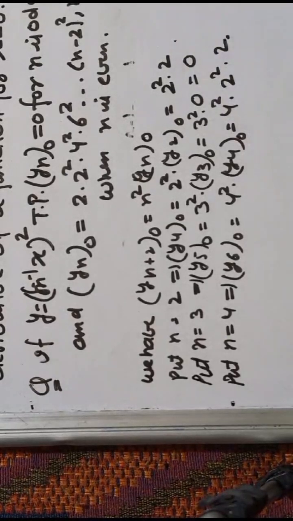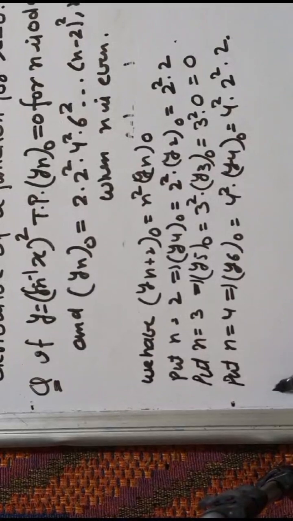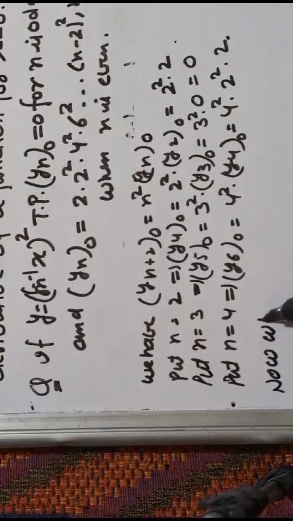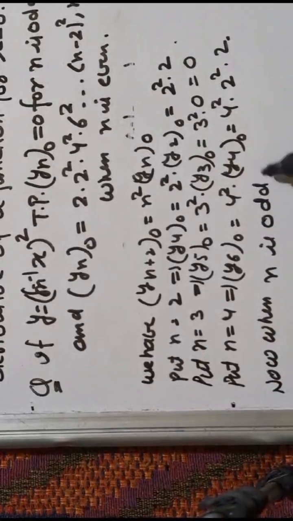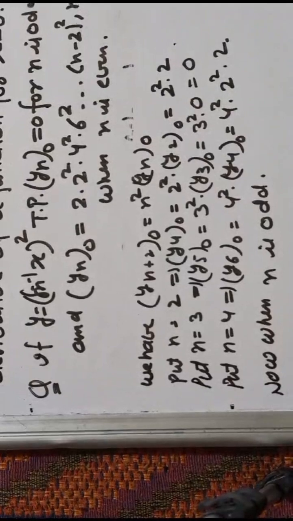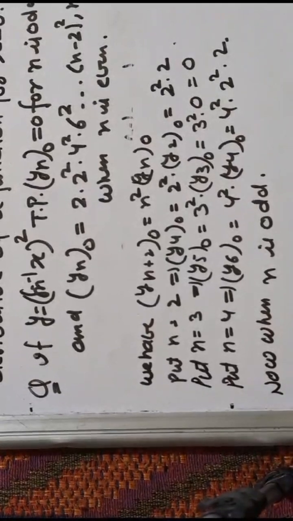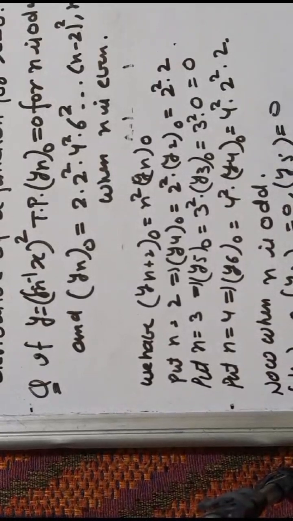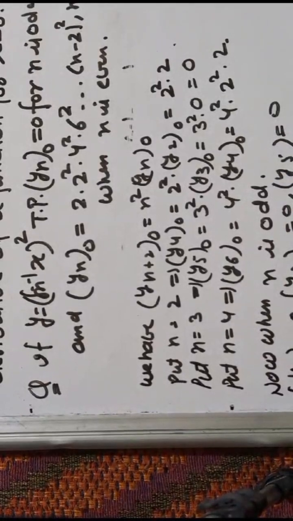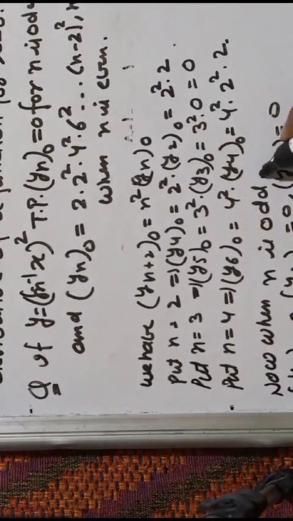Now when n is odd, we can see since y1(0) is equal to 0, y3(0) is equal to 0, y5(0) is equal to 0, that means yn(0) is equal to 0 when n is odd.